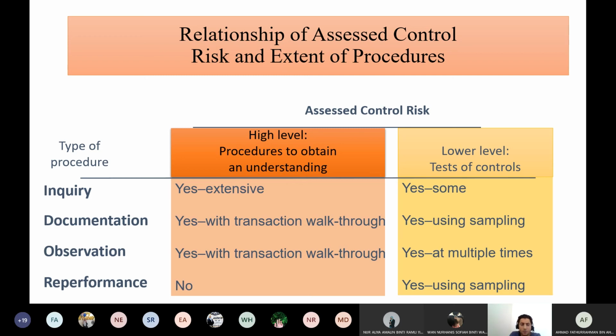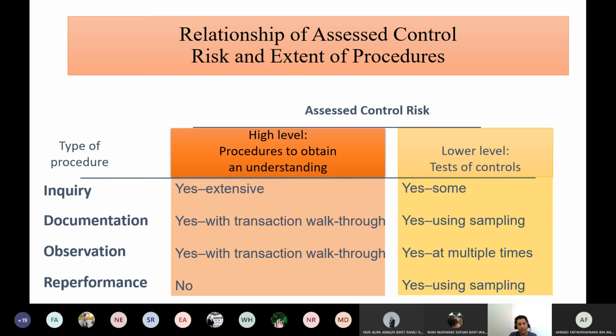Okay, so reperformance, we don't use it in obtaining the understanding of internal control because it's costly, and we prefer not to get involved much and be close to the customers.